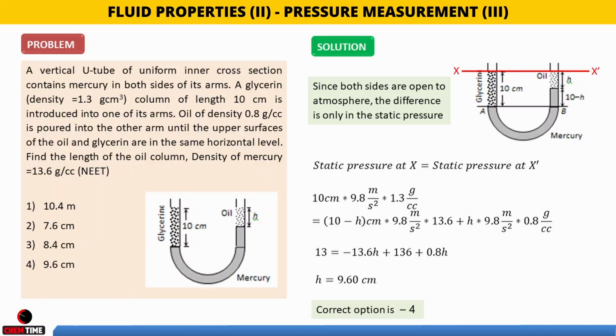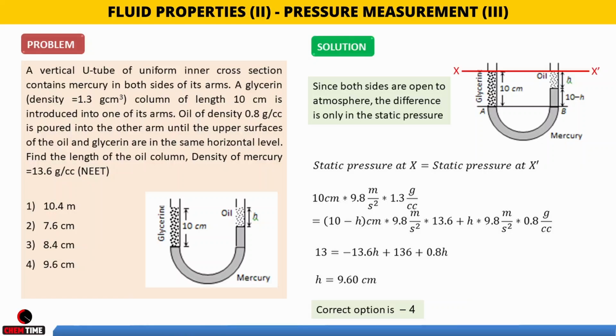Since both sides are open to atmosphere, the difference is only because of the static pressure. That is, the pressure at x is equal to the pressure at x dash. The pressure at x is equal to rho g h, that is 10 centimeters into 9.8 meters per second square into 1.3 grams per cc, and this is the pressure at x. The pressure at x dash has two components.